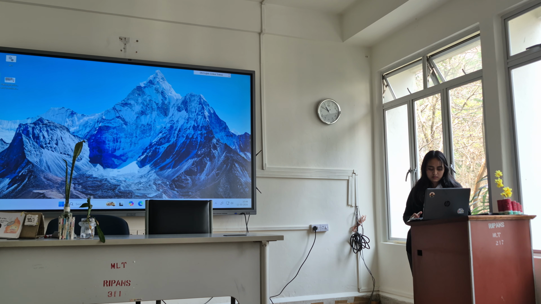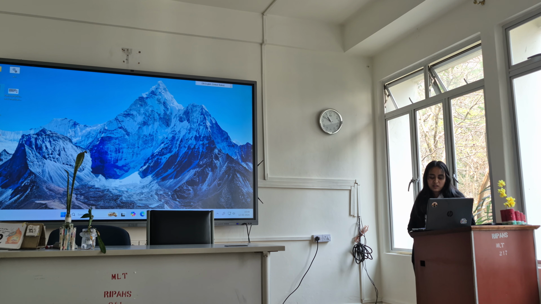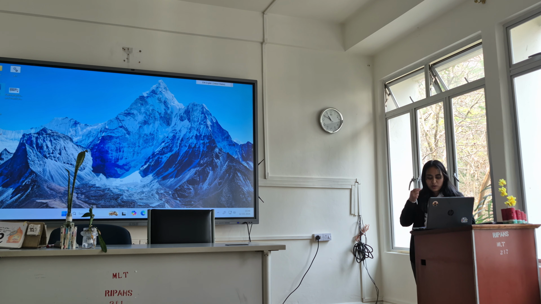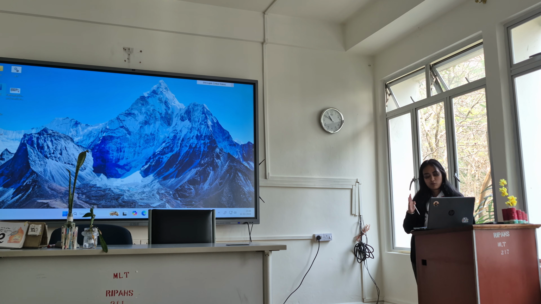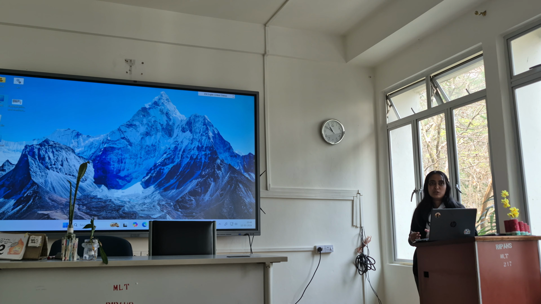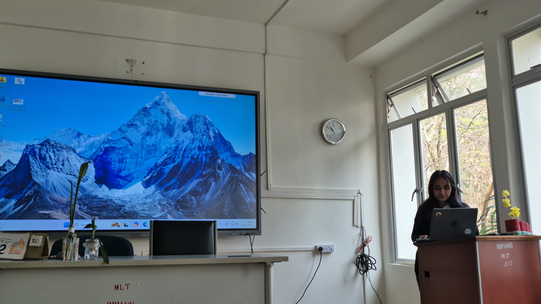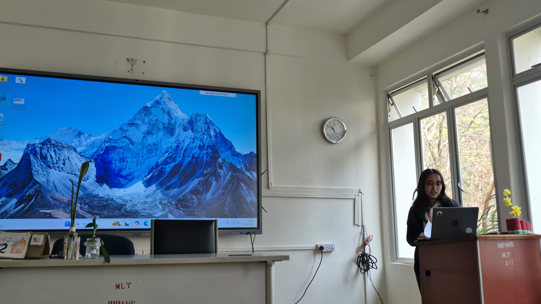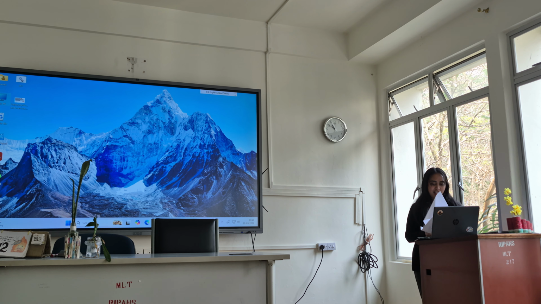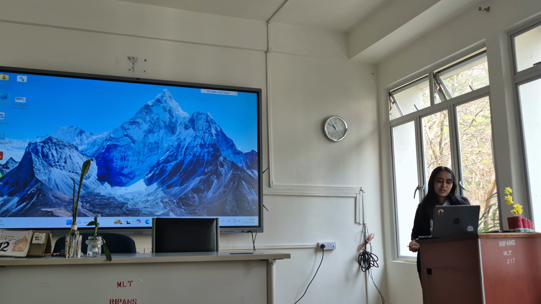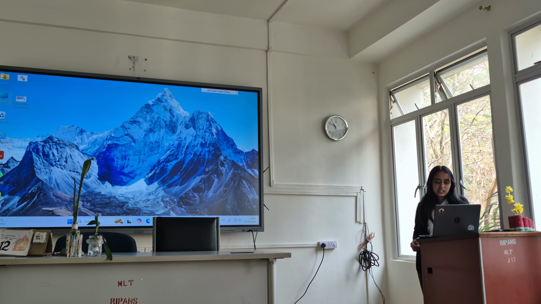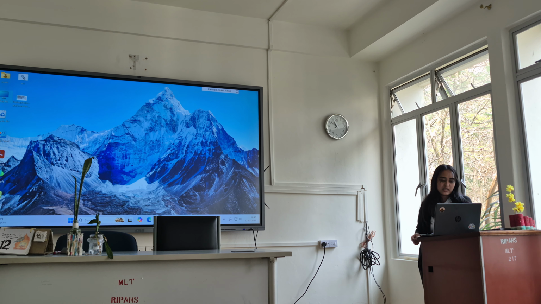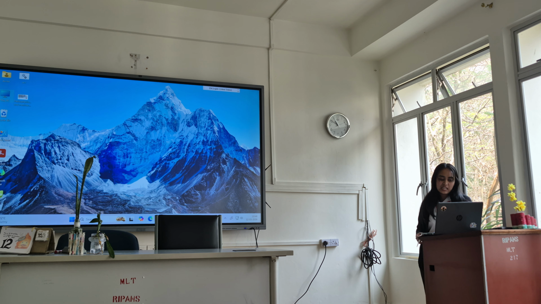In intravascular hemolysis, RBCs are destroyed inside the blood vessels. When the cell breaks, hemoglobin is released directly into the blood plasma. This may lead to hemoglobin in blood, called hemoglobinemia, and hemoglobin in urine, called hemoglobinuria. Another type is extravascular hemolysis, in which RBCs are destroyed outside blood vessels by macrophages, mainly in the spleen and liver.